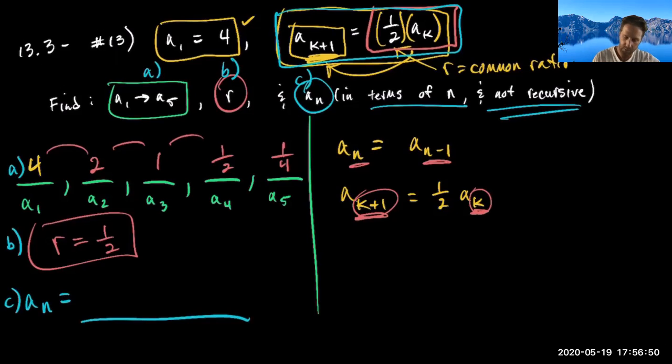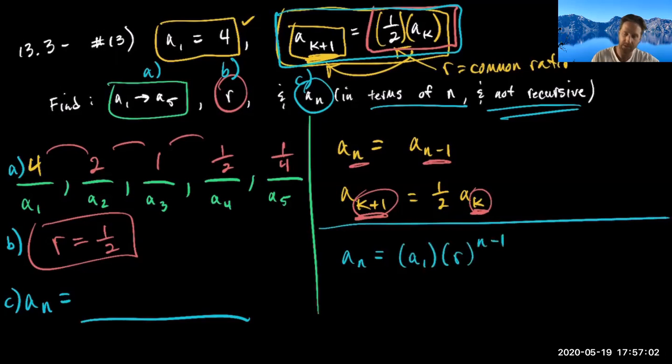All right, so we know that, because we have it written down and we've studied this, for any geometric, it's equal to A1 times R to the n minus 1. Where when we did arithmetic, remember it was A1 plus n minus 1 times D.